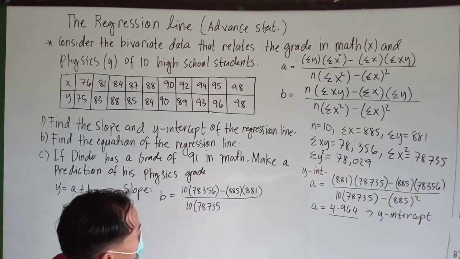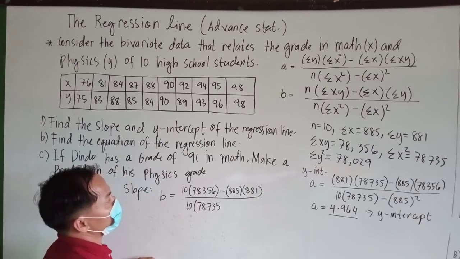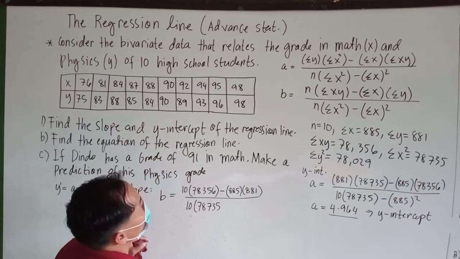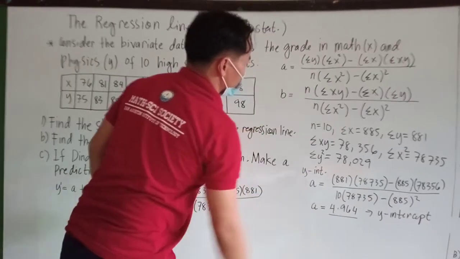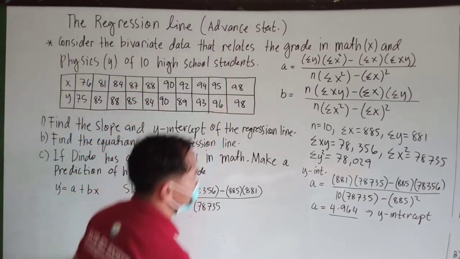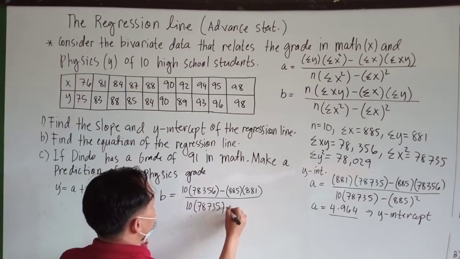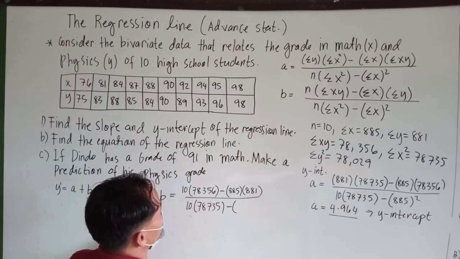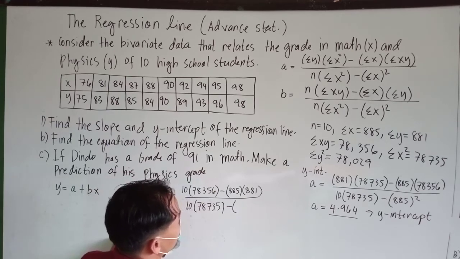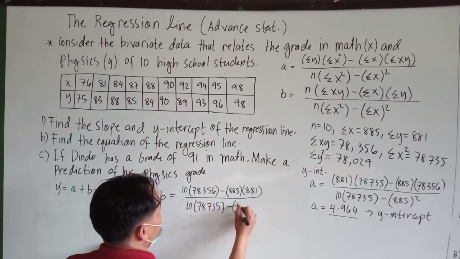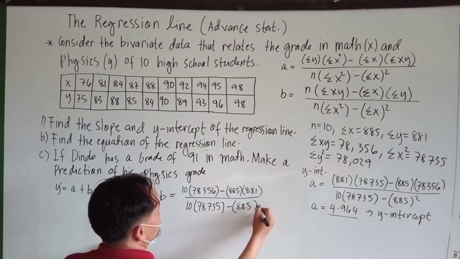Minus the quantity summation of x to the power of 2, that is 885 to the power of 2.